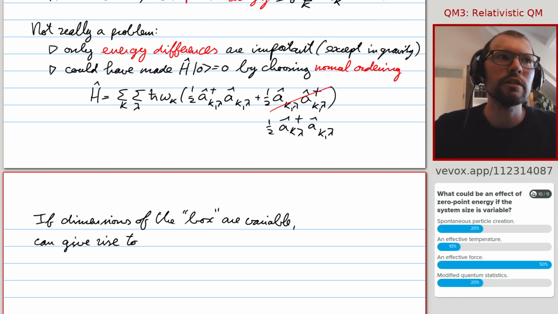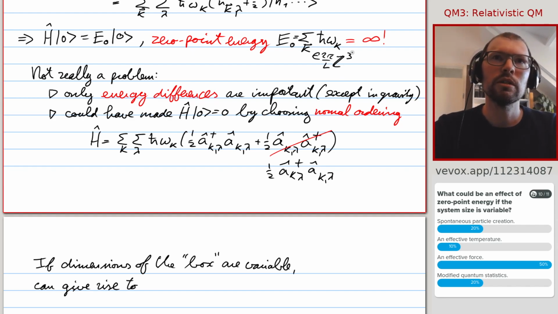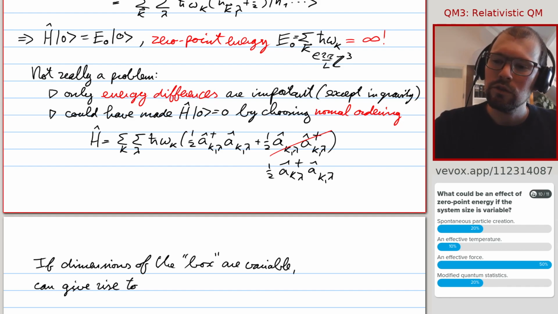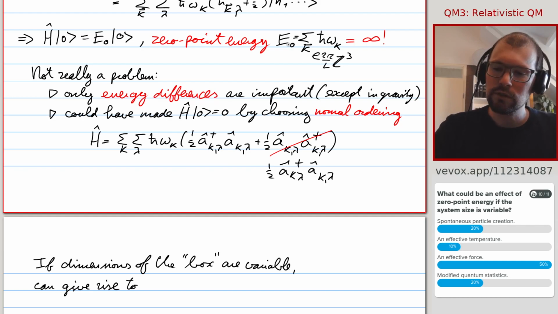Yeah, so what is a 0-point energy? It's expressed in terms of the sum over the wave vectors. And remember, k took values in 2 pi over L times the triples of integers. So the values for this wave vector certainly depend on the dimensions of the box, right? So the 0-point energy will depend on the size of this box.